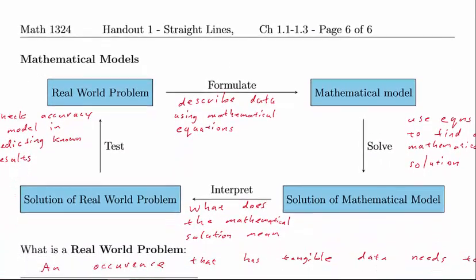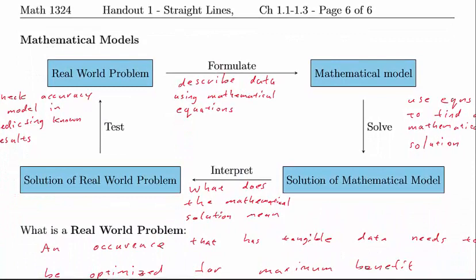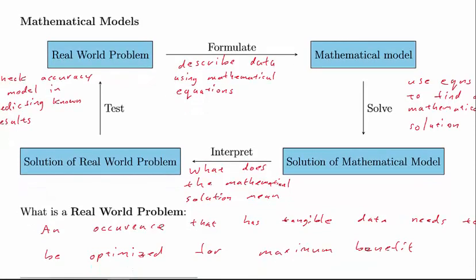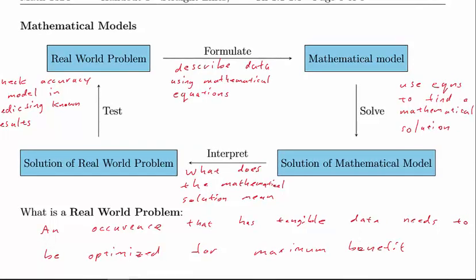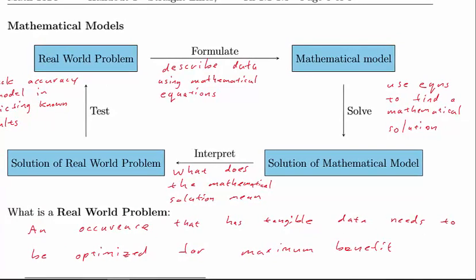Okay, so let's talk a little bit about mathematical models, how they're developed, and how they are refined. So you start here with a real-world problem. What is a real-world problem? We're going to define a real-world problem in this class as an occurrence that has tangible data that needs to be optimized for maximum benefit, right?